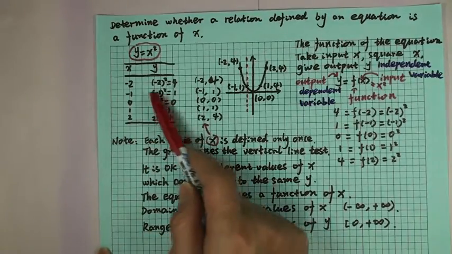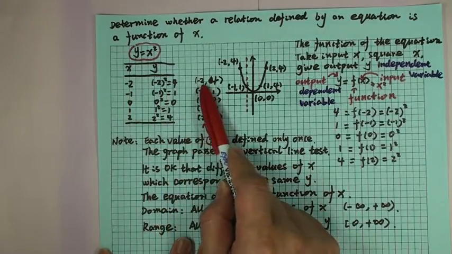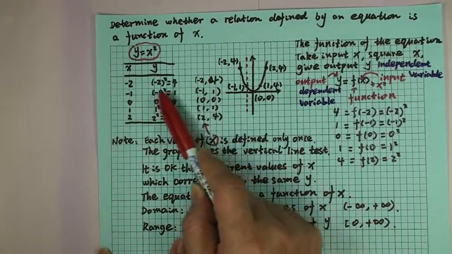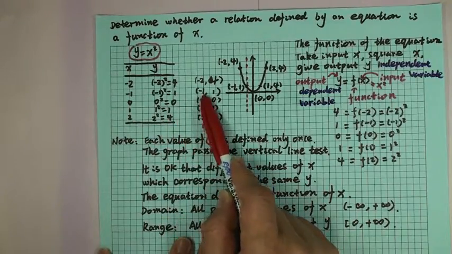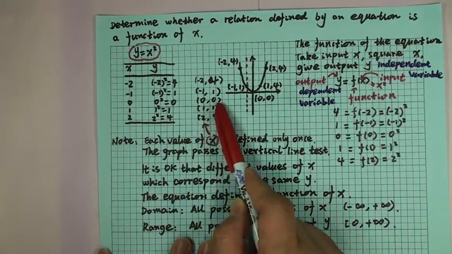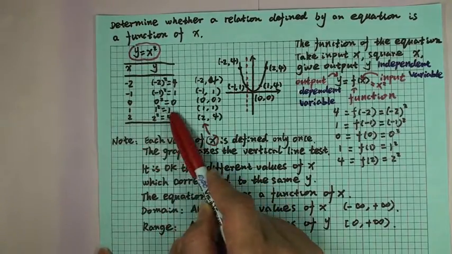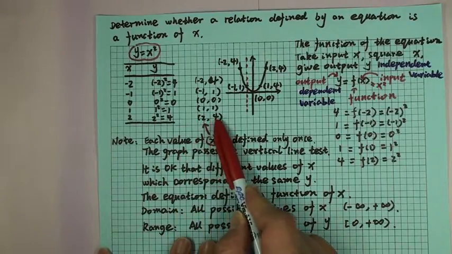So basically the pairs, you can see -2 corresponds to 4, so -2, 4. -1 corresponds to 1, so -1, 1. 0 corresponds to 0, 1 corresponds to 1, and 2 corresponds to 4.